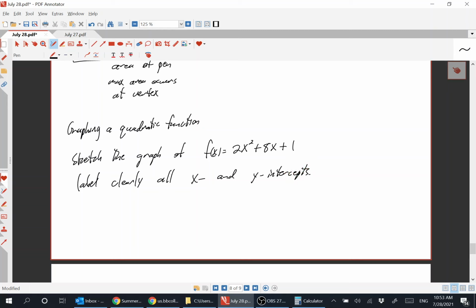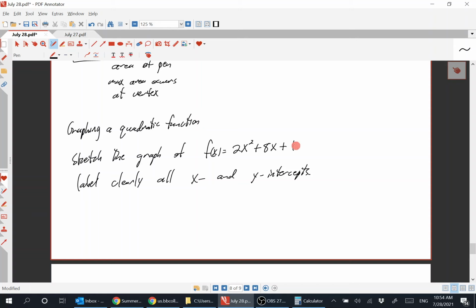You need to find the vertex of the parabola and then graph it. You can do that by completing the square, or by using the formula we had before. Let's do it this time by completing the square.